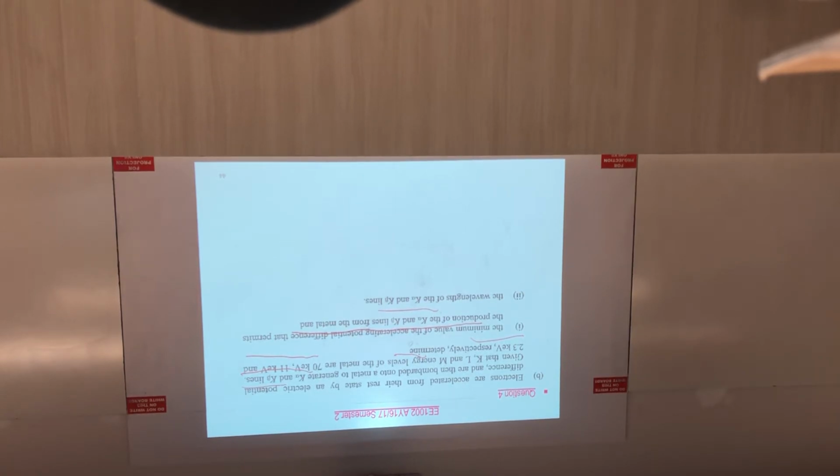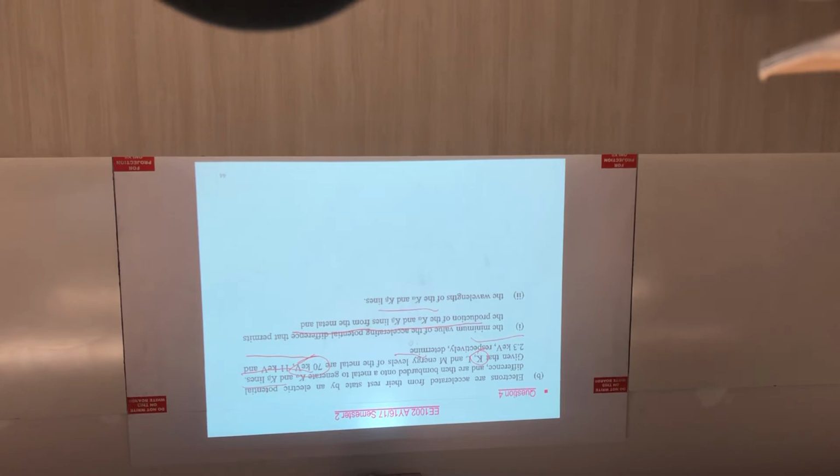So the very first requirement is to kick out the electron from the K shell. The energy of the K shell is 70 kiloelectronvolts, so we need at least this much energy to kick out the electron from the K shell.